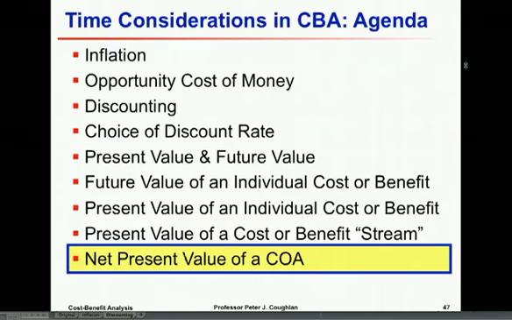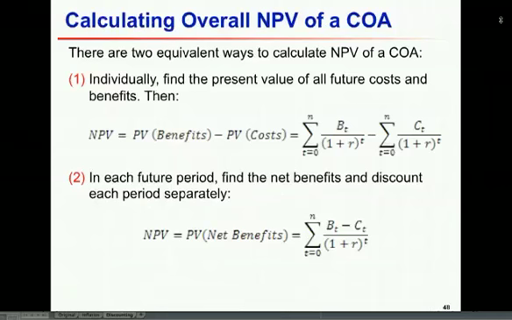So finally, putting it all together, how do we calculate the net present value of a course of action? Overall, if we're comparing alternatives, going back to the whole idea of what we're doing here in cost-benefit analysis, trying to figure out the net benefits, in this case, when it involves future costs and benefits, the net present value of a course of action. Well, there are two ways you can do it.